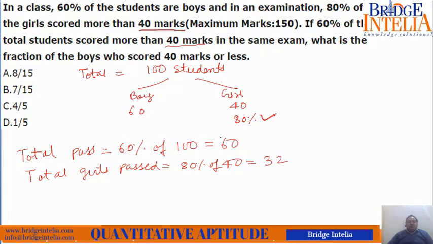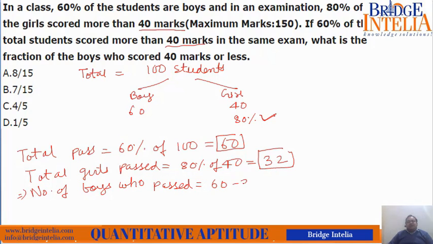So total 60 students have passed. Out of these 60, 32 are girls. So the number of boys who passed is 60 minus 32, which comes out to be 28.